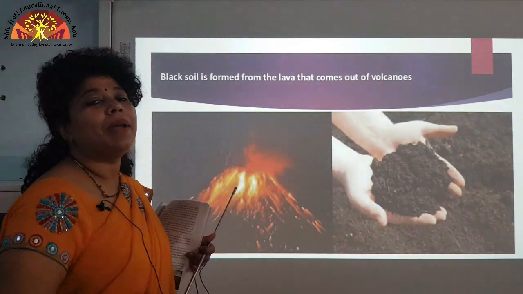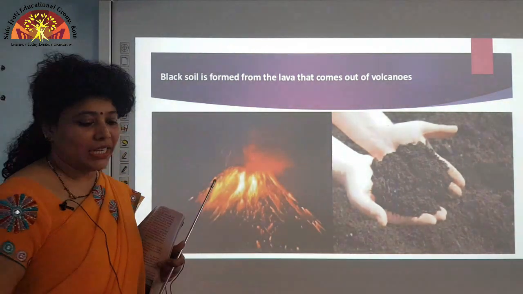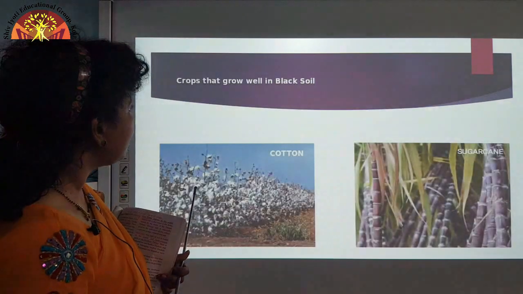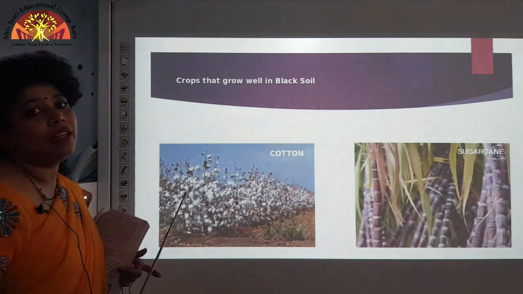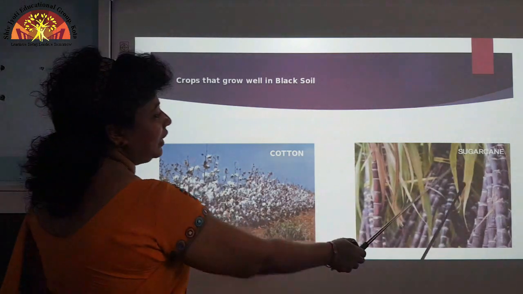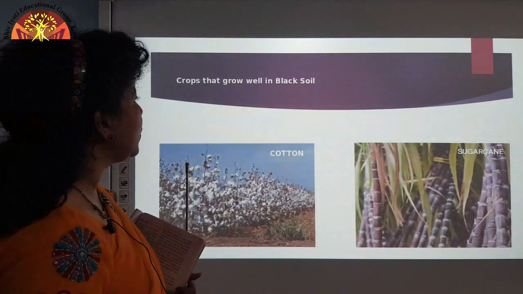As the lava cools down, it gets converted into black soil, and this black soil is very fertile. Let us now look at the crops that grow well in black soil. Cotton and sugarcane are some of the crops that grow very well in black soil.